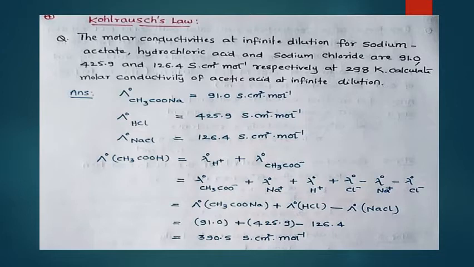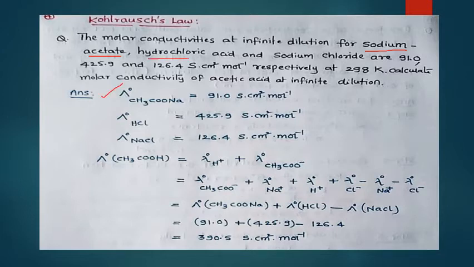So students, here now we are going to calculate what is given first. I hope that you know the formulas. Sodium acetate, what is the formula? CH3COONa. Next one, hydrochloric acid is given.